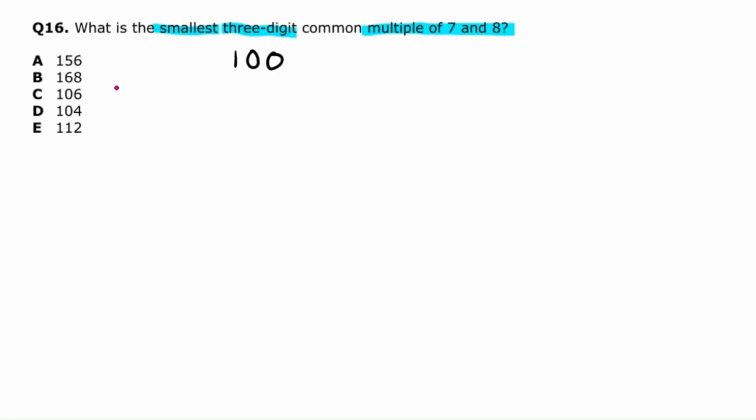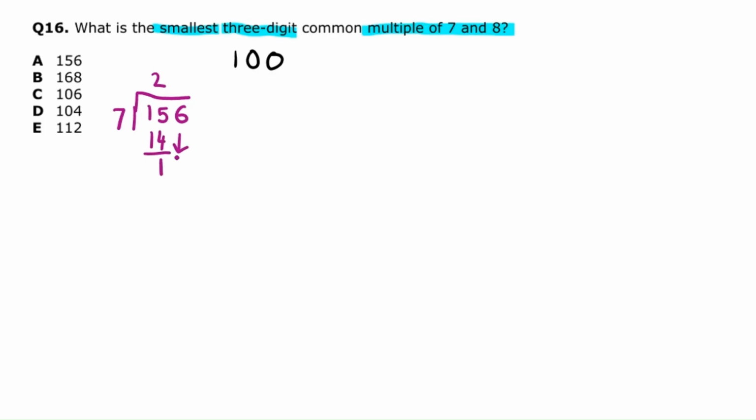So for A, I'm going to use purple and we're going to divide 156 by 7. 7 goes into 15 twice. 7 times 2 is 14. 15 minus 14 is 1.